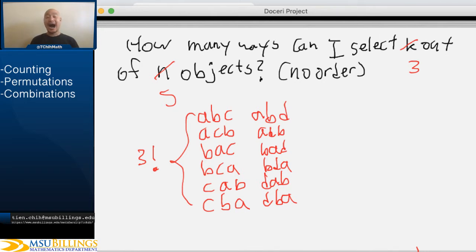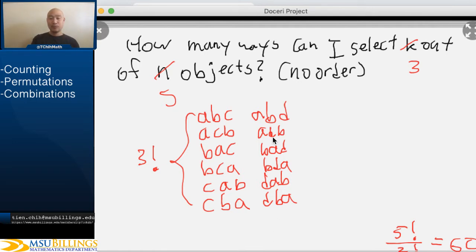And so how many columns will I end up with? Well, what I know is that there's 60, or 5 factorial over 2 factorial total arrangements, right?